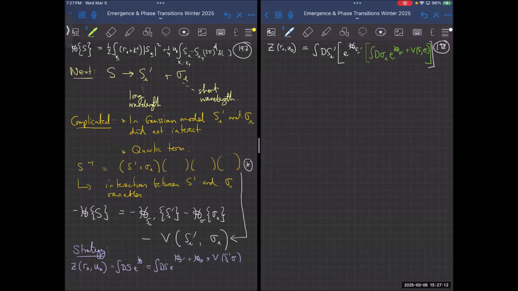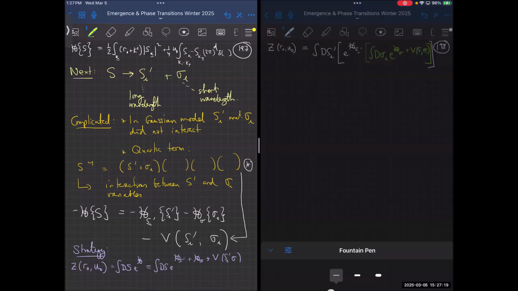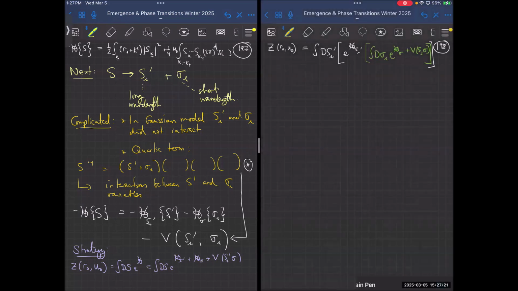So we're decomposing it like this, just as we did before. But the important point is, whereas before this whole thing factorized, now it doesn't factorize.